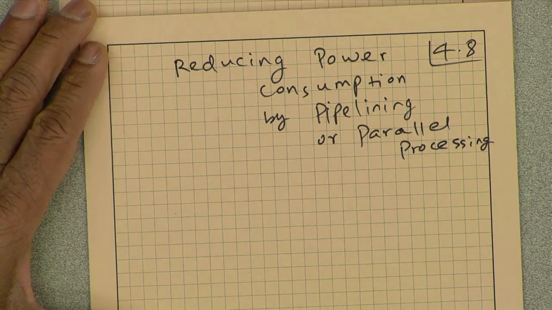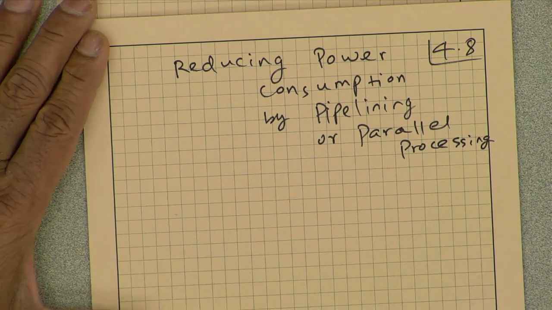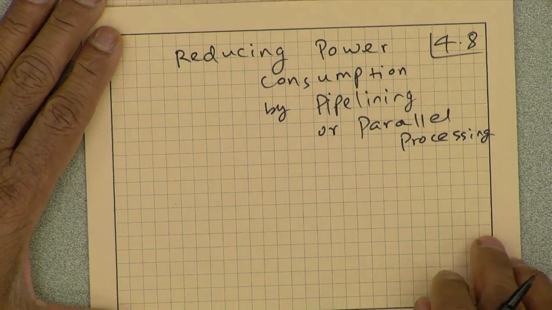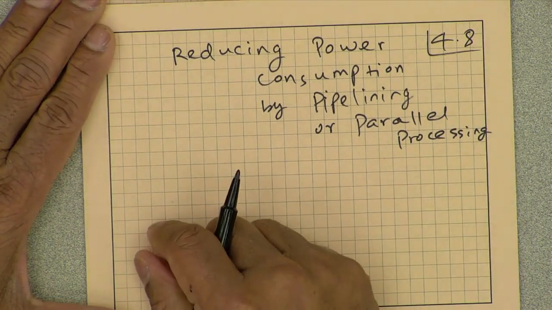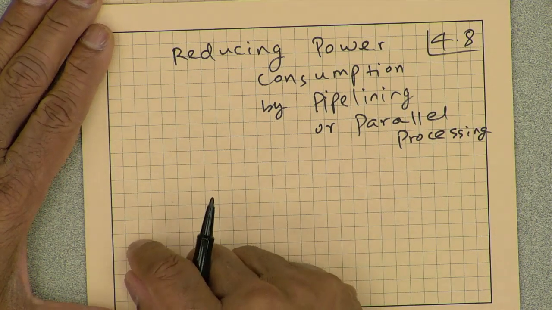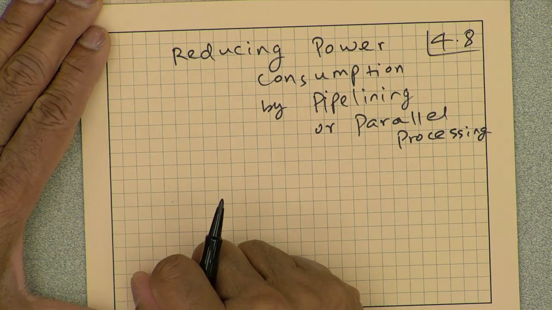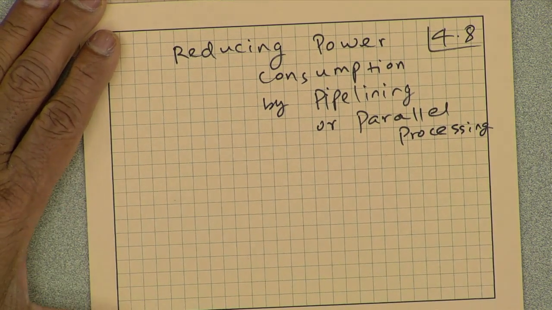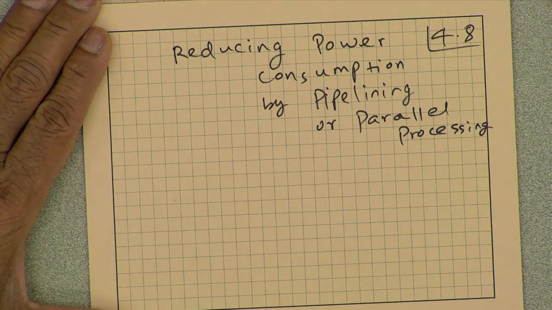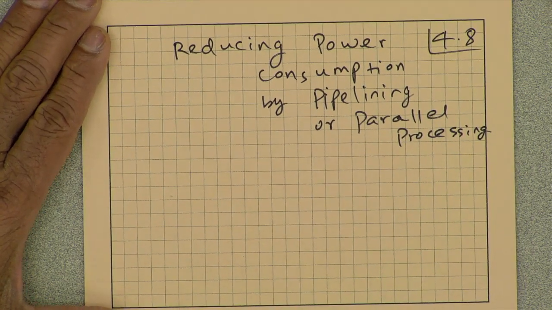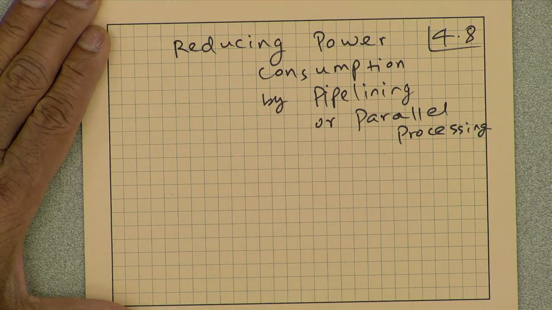Historically, the advantage of pipelining was to reduce the critical path and increase clock speed. But sometimes we may not be interested in increasing the clock speed. We are happy with the clock speed because that matches the sample speed.